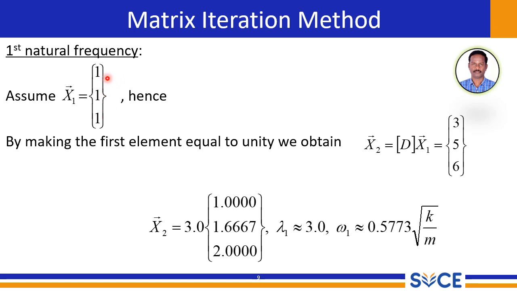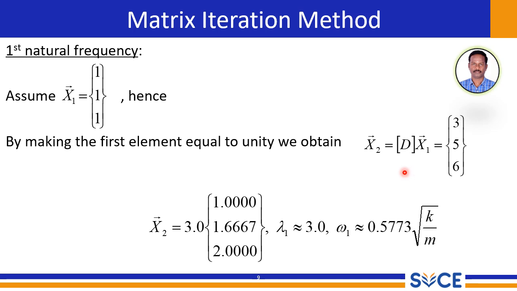That is, mass 1 displaced by 1, mass 2 displaced by 1, mass 3 displaced by 1. So our initial guess x1 is a column vector with elements 1, 1, 1. The next step is to multiply this trial vector with the dynamic matrix that we derived in the previous step.